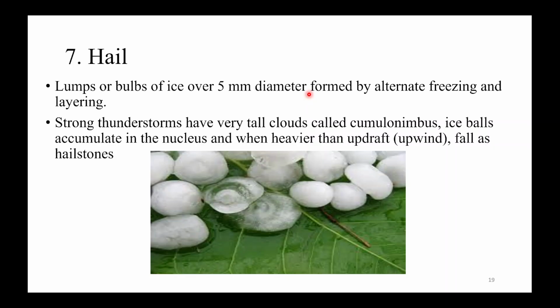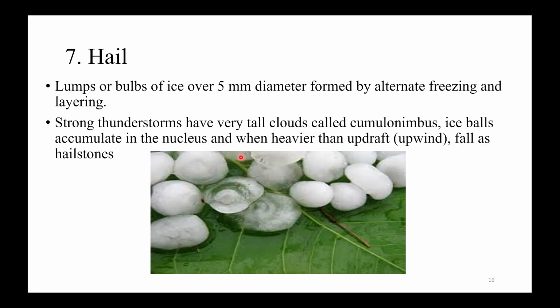It is freezing, it is layering again. Again, the new vapors are coming, it is again freezing. So after a point, these clouds become so heavy that they cannot bear the weight of these lumps of ice. And when do they fall?